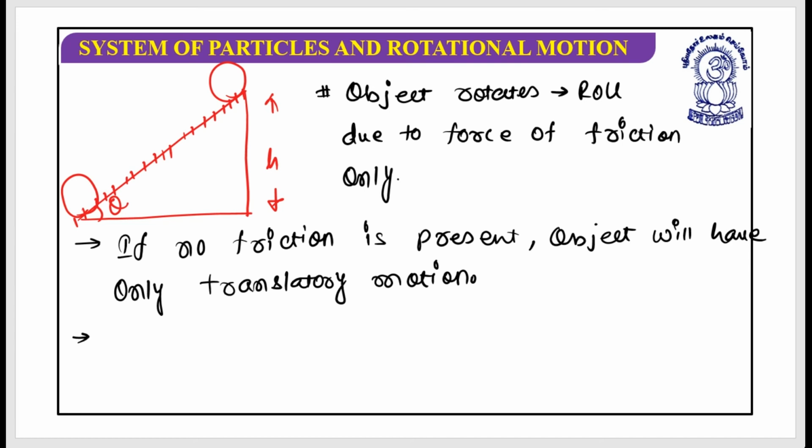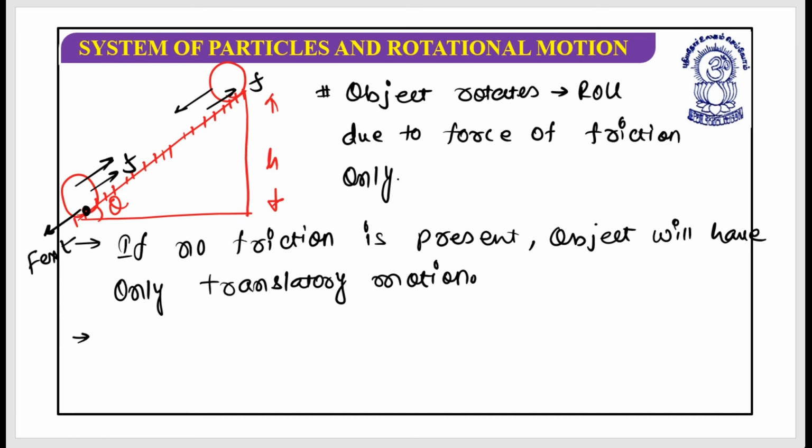Now the direction of friction. If the object is moving in this direction, friction is acting in this direction. One surprising fact is that even though the object is moving in the upward direction, its direction of tendency would be in the negative x direction. So this is the f external, and if this is the f external, the friction would be in this direction.